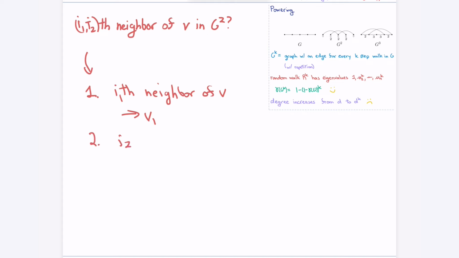Then you ask, what is the I2th neighbor of V1, and that returns V2. So you really only need constant space plus the recursive calls.